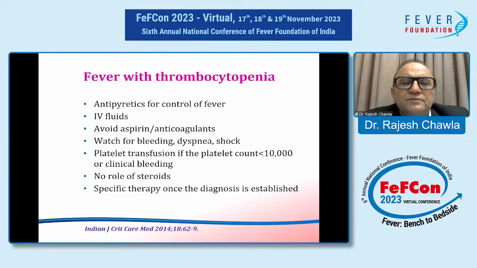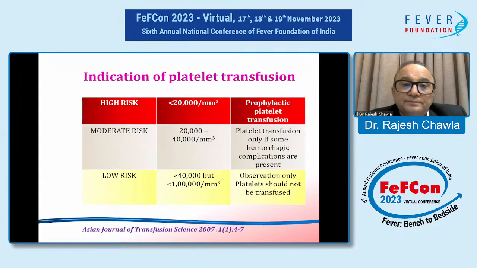There is some supportive treatment you have to give in these patients in the emergency. Fever with thrombocytopenia: avoid aspirin, give fluids, watch for bleeding, and platelet transfusion if it is less than 10,000. Some people give it at less than 20,000, but I think less than 10,000 if there's no bleeding. But if there is a risk of bleeding, even higher, 20 to 40,000 also. And there is no role of steroids in these patients.